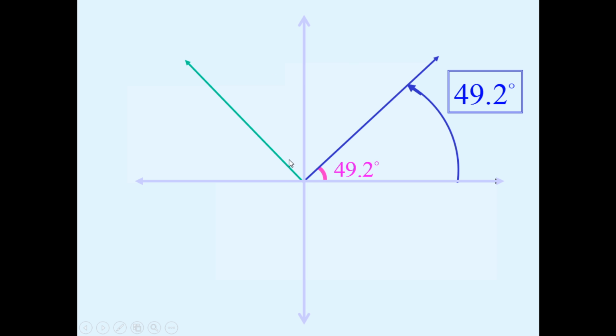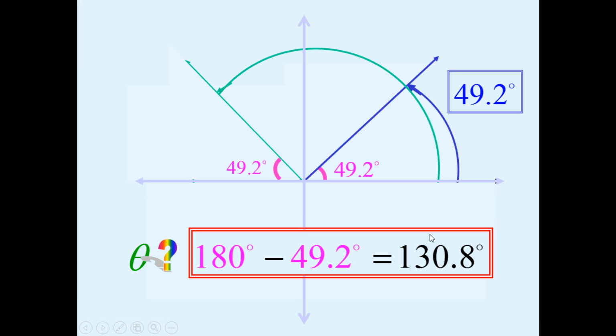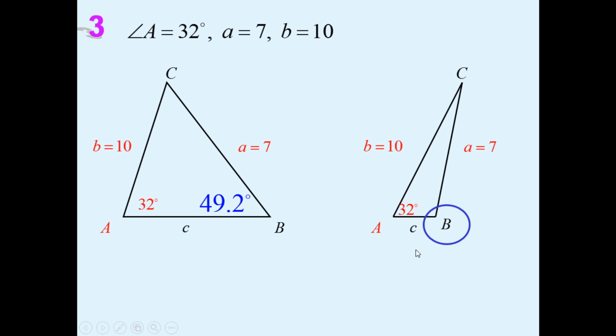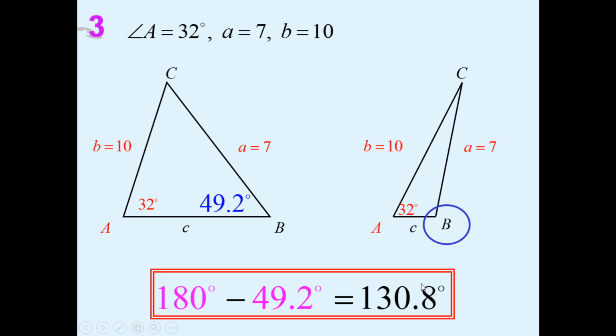So if 49.2 is standing as a reference angle, in order to find out the obtuse angle, we subtract 49.2 from 180. So we get 130.8. So for that second solution of angle B right here, it's 130.8 degrees.